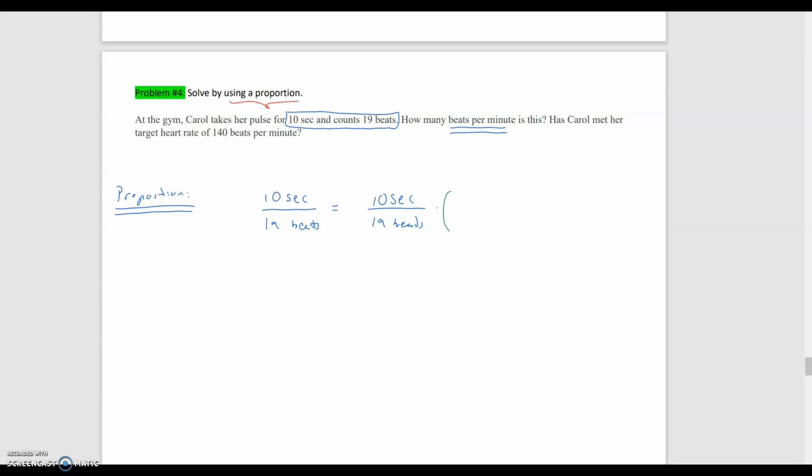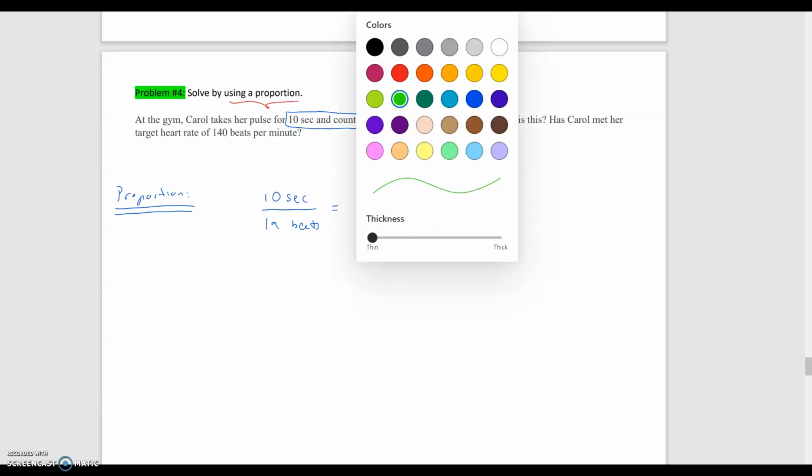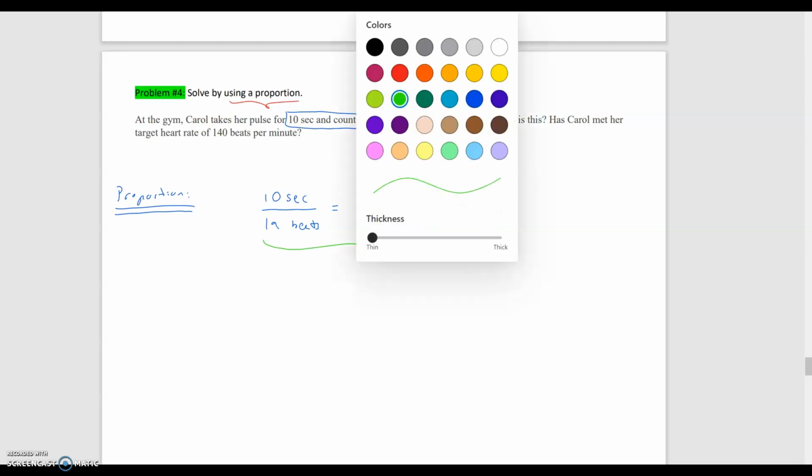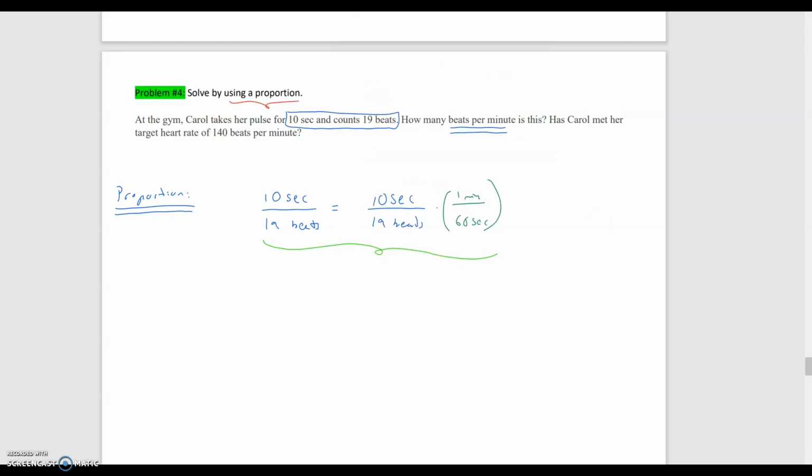So in 60 seconds, you have 1 minute. And before we start doing cancellations, this is the proportion that they're referring to. And here you can cancel seconds.